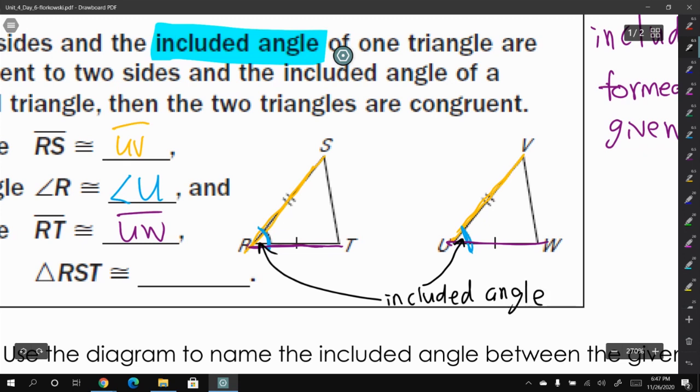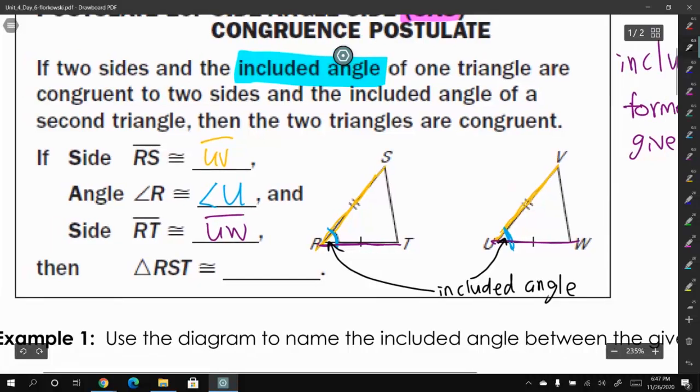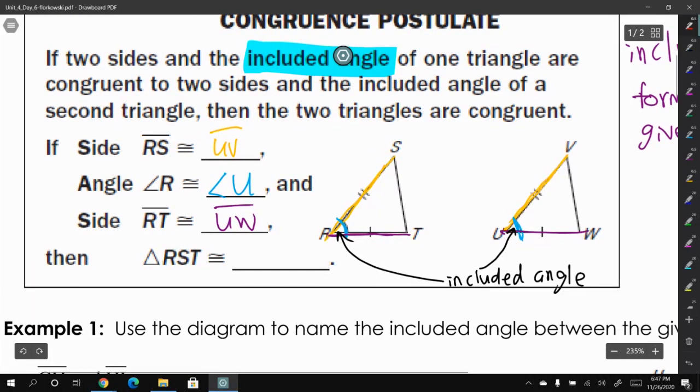It is sandwiched in between the two sides that we're talking about. So in side-side-side, we had three pairs of congruent sides. In side angle side, we have two pairs of congruent sides, but the angle in between the two sides is congruent. So then we have triangle RST is congruent to triangle UVW.